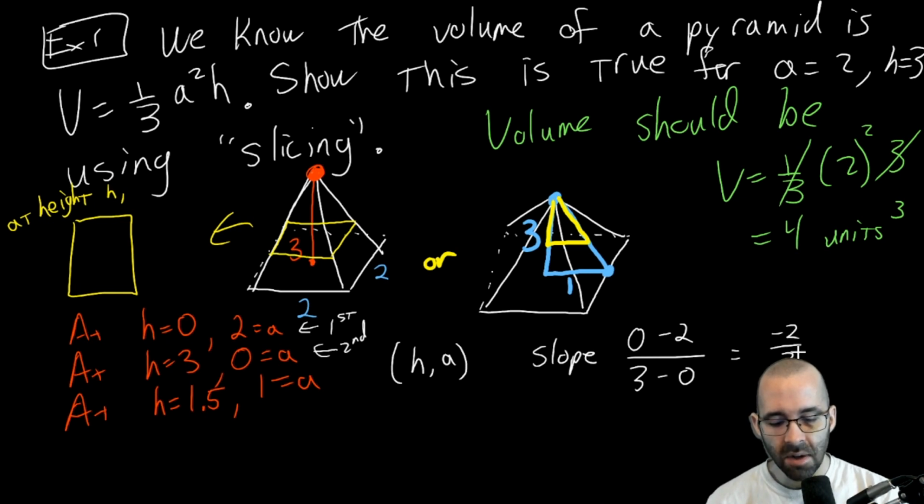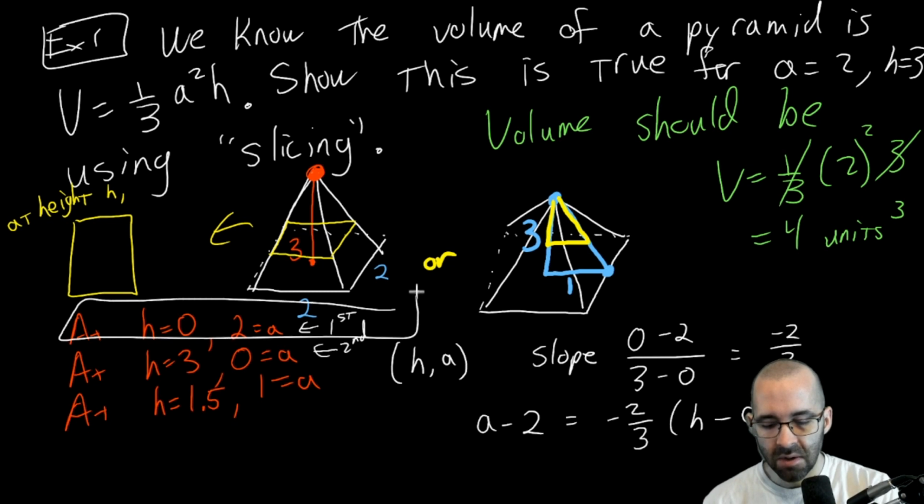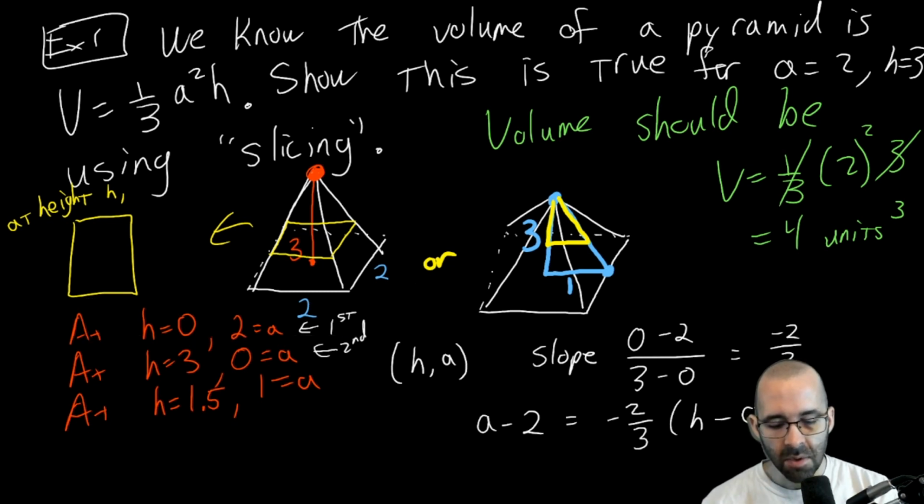So what's the relationship? Well, let's use point slope form. a minus one of those a's, let's choose that first one, is equal to the slope times our independent variable minus that same first point. Using point slope form, that'll give us our relationship between a and h.